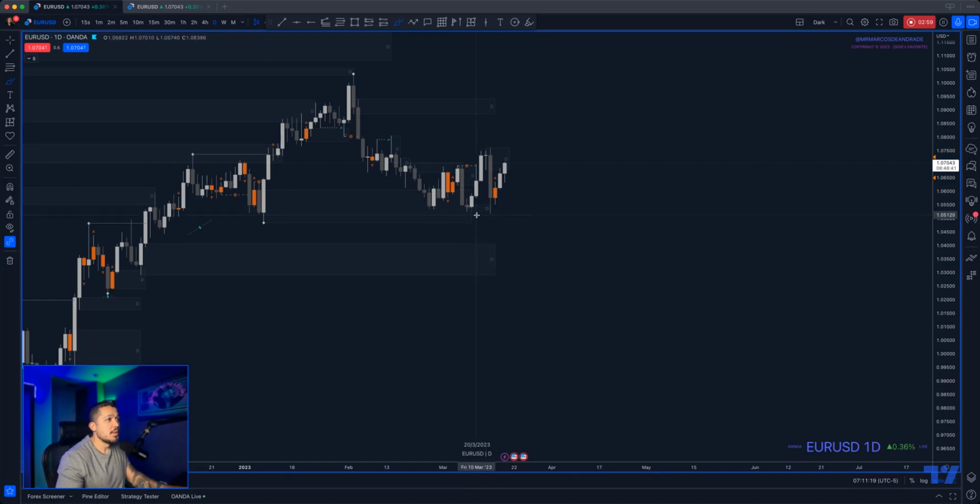Yes, this could just be a sweep of liquidity, but usually on the first move, you want to see it just going. Because after the supply was broken, you want to see demand holding price somewhere here, and then we could start the new move.